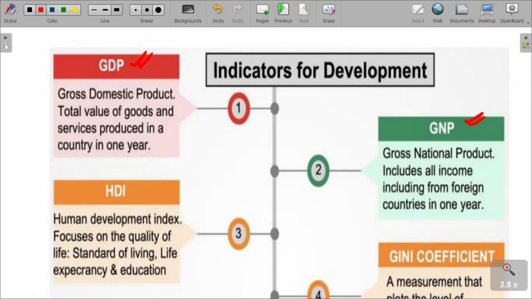It can highlight a country's reliance on international trade and investment, and it includes income earned from abroad by its citizens or residents. Therefore, that is quite important as a measure of economic development.